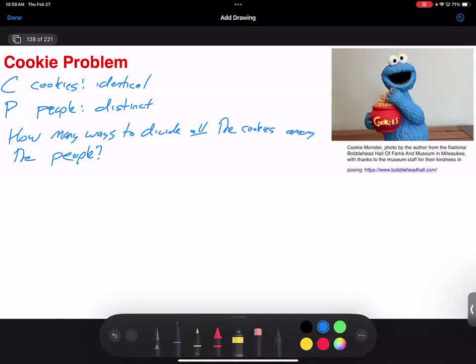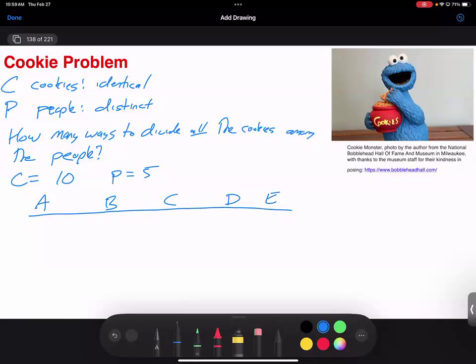Can somebody give me a painful way to do this? It doesn't have to be something that you would want to do. Let's say C equals 10 and P equals 5. How could we solve this? And we'll give the graduate students the wonderful names A, B, C, D, and E. Can somebody give me one solution?